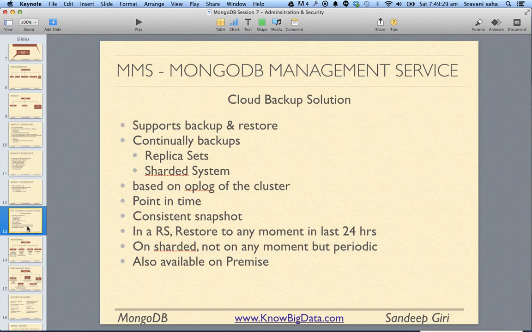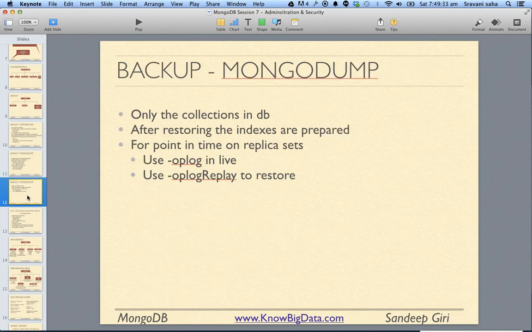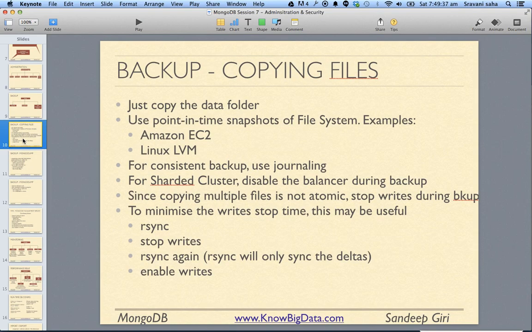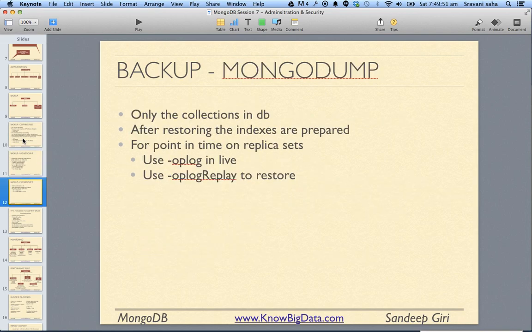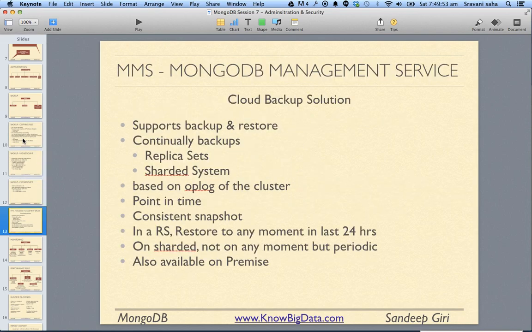And the third one, the most important one, is MMS. Since these two solutions, simple copying of files and mongodump, were not really fail proof, MongoDB came up with something called MMS, which is again their own tool.